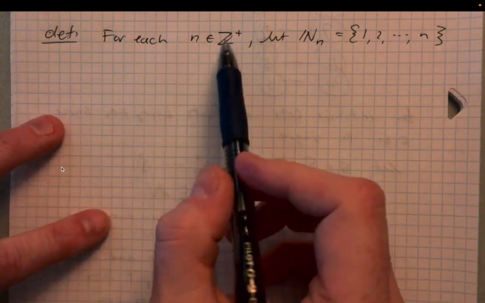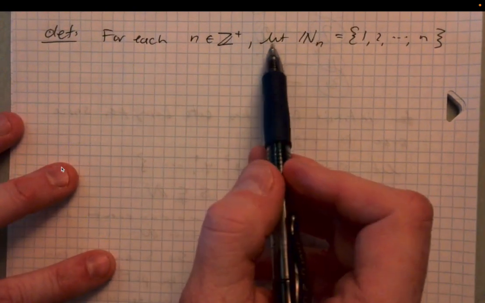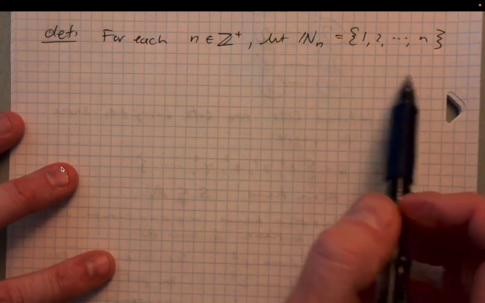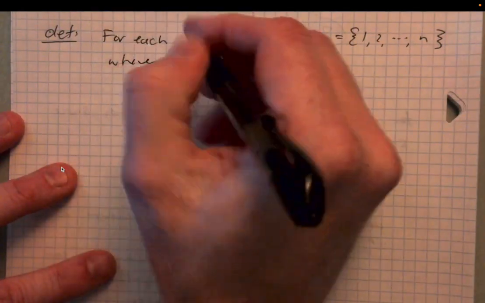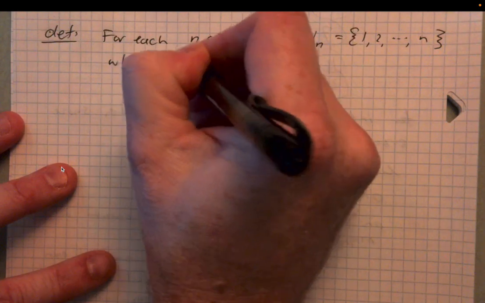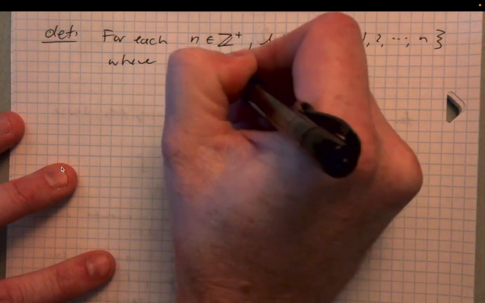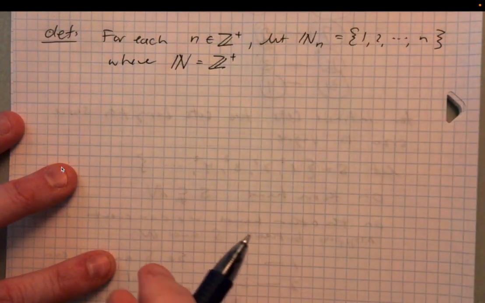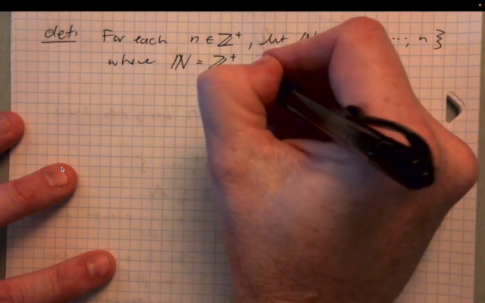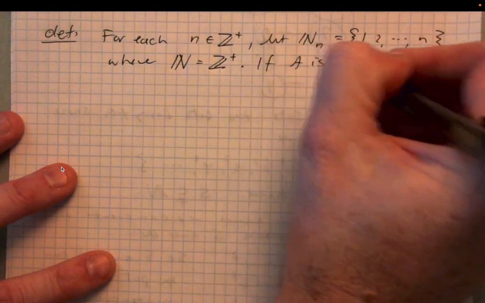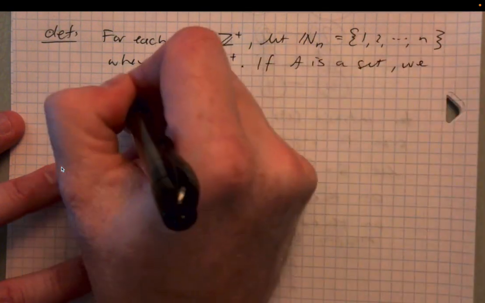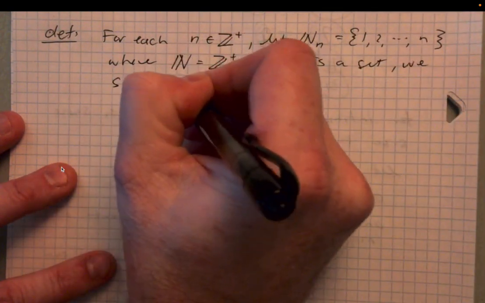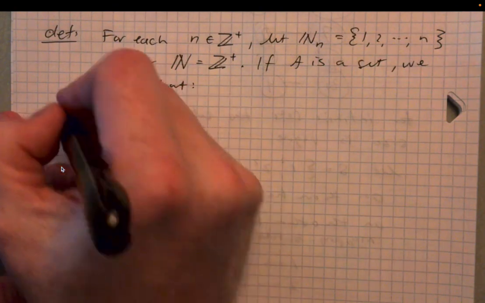So for each n in the positive integers, let this finite set N sub n be defined here. Now, if A is some set, there's a whole bunch of things we can say here.